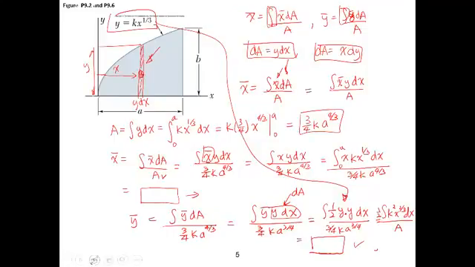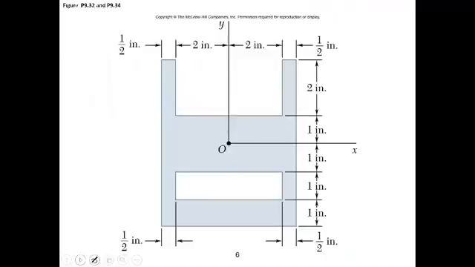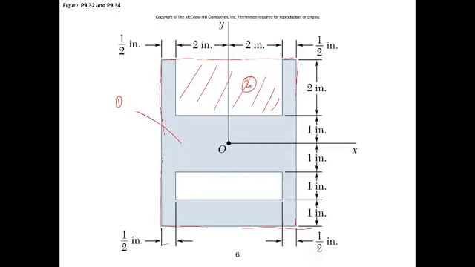But instead of having something I need to integrate, I can look at this as three common shapes. One is this really large rectangle, this big one, which I'm going to call area 1. And then you have this smaller one, which I'm going to call area 2, and this even smaller one, which I'm going to call area 3.